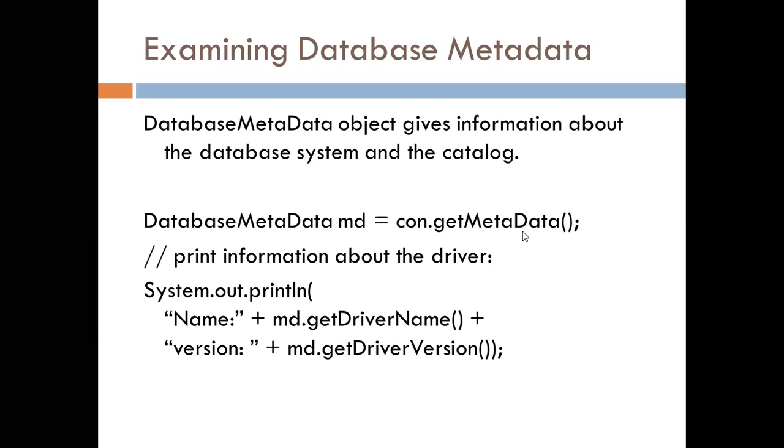This metadata includes the driver name and the driver version. If I want to print the name of the driver and its version, then I use md.getDriverName. md means the metadata object. Using this object we can call the APIs, such as md.getDriverVersion, which will get the version of the database driver.